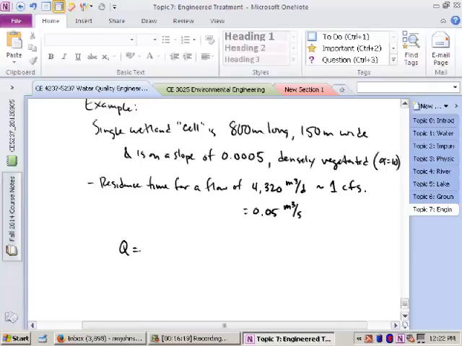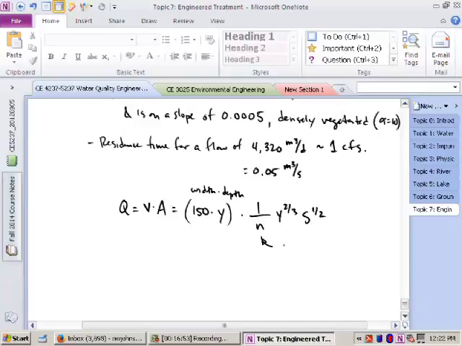Then Q is equal to V times A, or equal to 150 is the width times y is the depth, times the velocity, which is 1 over n times y to the 2/3 s to the 1/2.